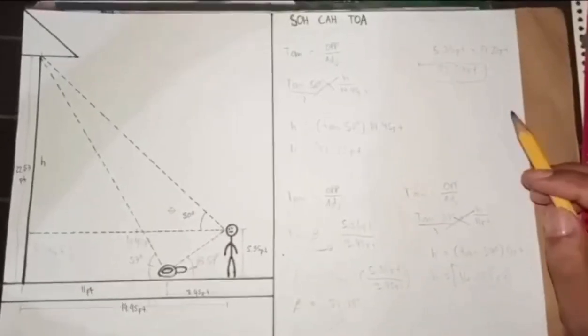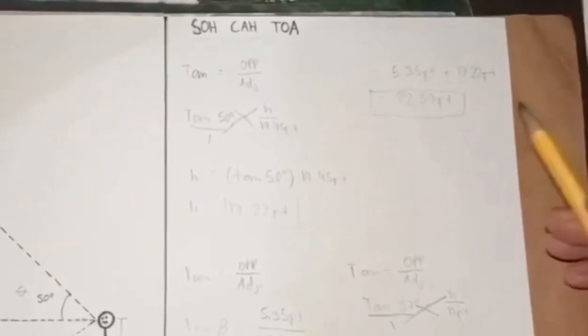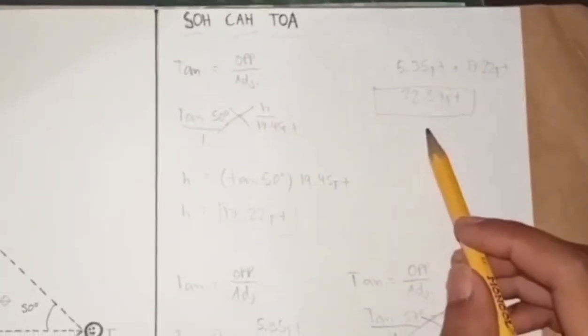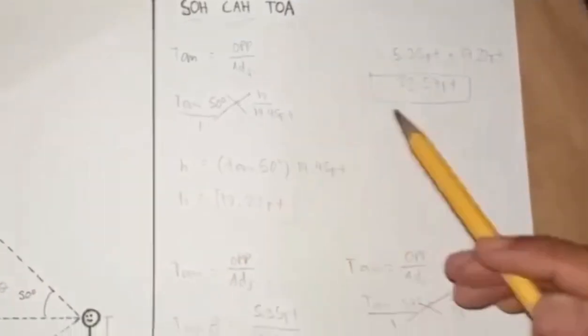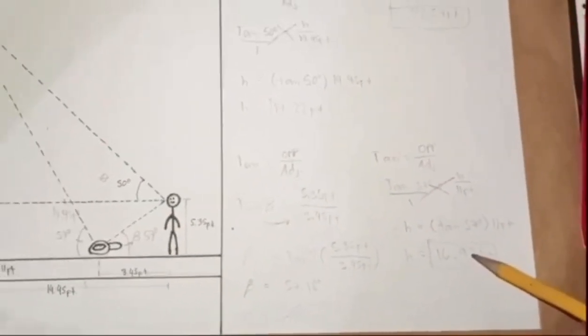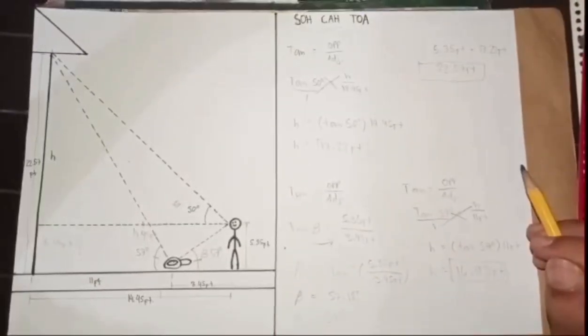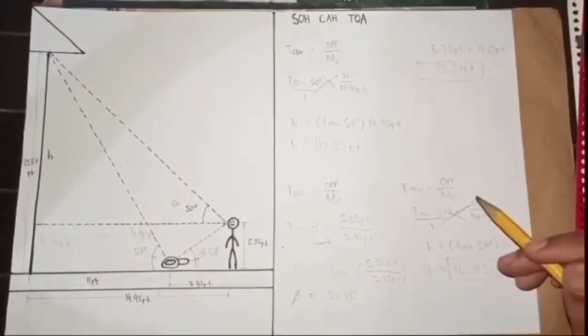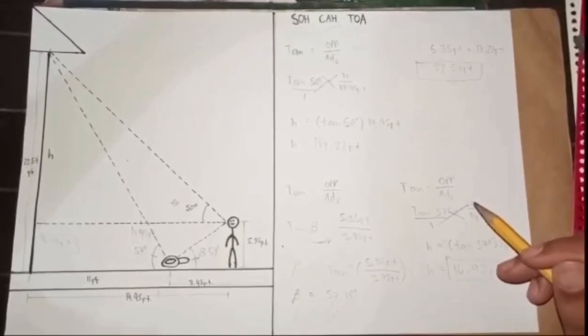If we check the answer, the method of using the clinometer gives 22.57 feet, and the other method, using the incidence of the mirror, gives 16.93 feet. Since they are not the same measurement, it is still considered acceptable because the measurements have small gaps.